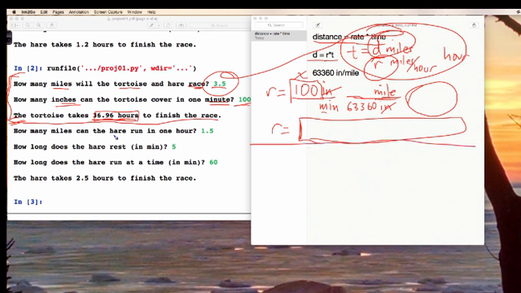All right, you're done with that. What's going on with the hare? We're still going the same distance, so the hare also has to run 3.5 miles. But the hare is a little different, right? He's got a rate, which is 1.5 miles per hour.